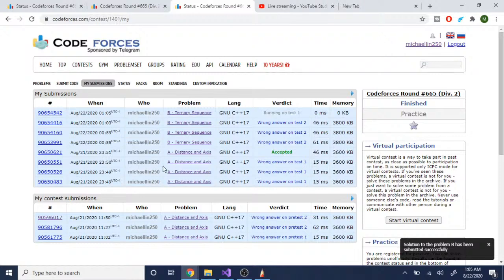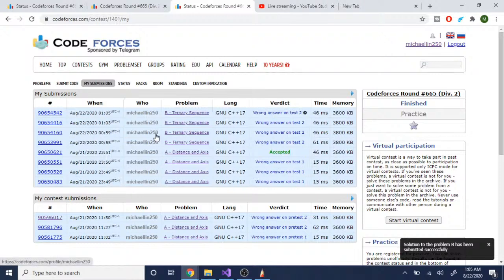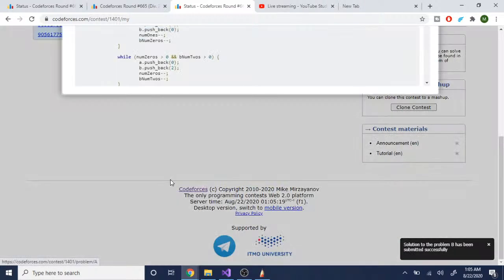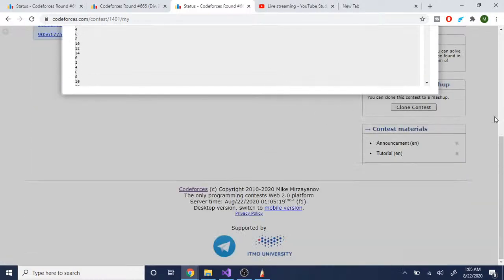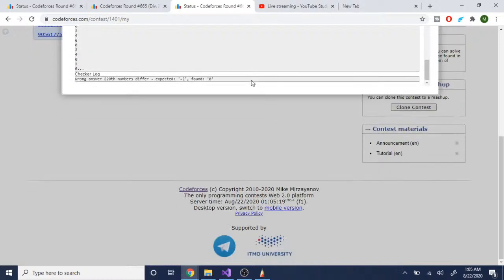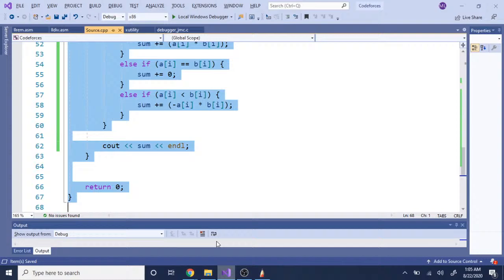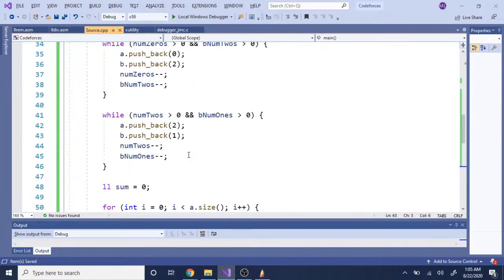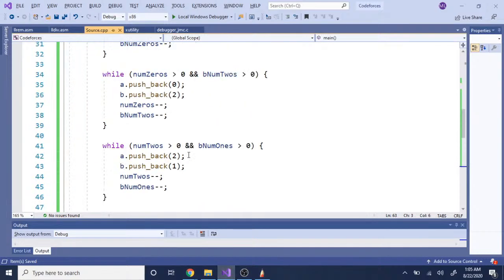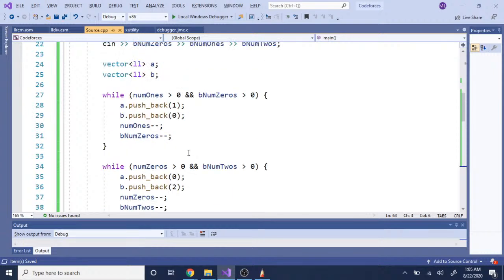How you guys doing in the chat, by the way? Still wrong answer. What am I doing wrong? Expected -2, found 0. How? Pairing the number of zeros and ones. Pair 1s and 0s first.